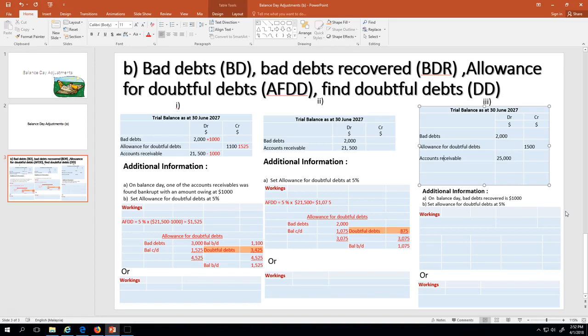So, let's say one of your account receivable went bankrupt during the financial year and you figure out that he went bankrupt. You straight away write off the debts: debit bad debts, and credit the account receivable that is already bankrupt.